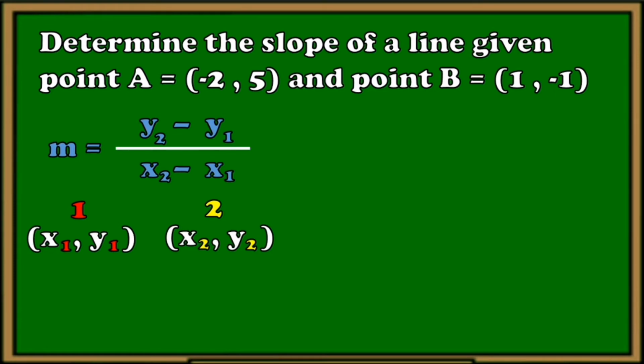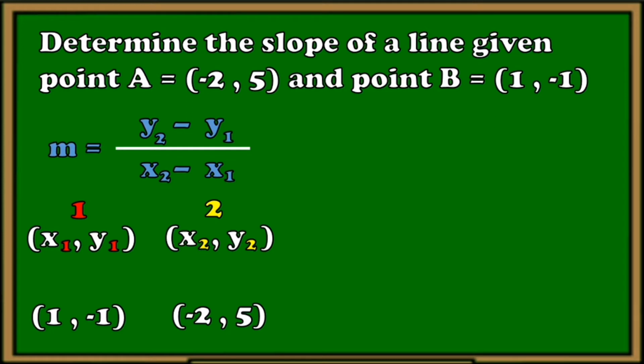On our first example, we put point A under the number 1. In this example, we're going to put point B under 1. The coordinates of point B, 1 and -1. And we're going to put point A under number 2. The coordinates of point A, -2 and 5.